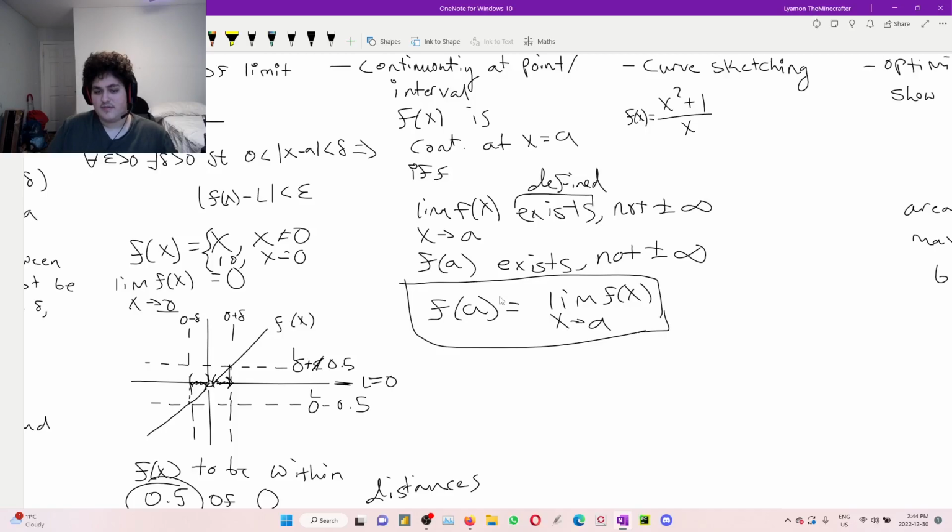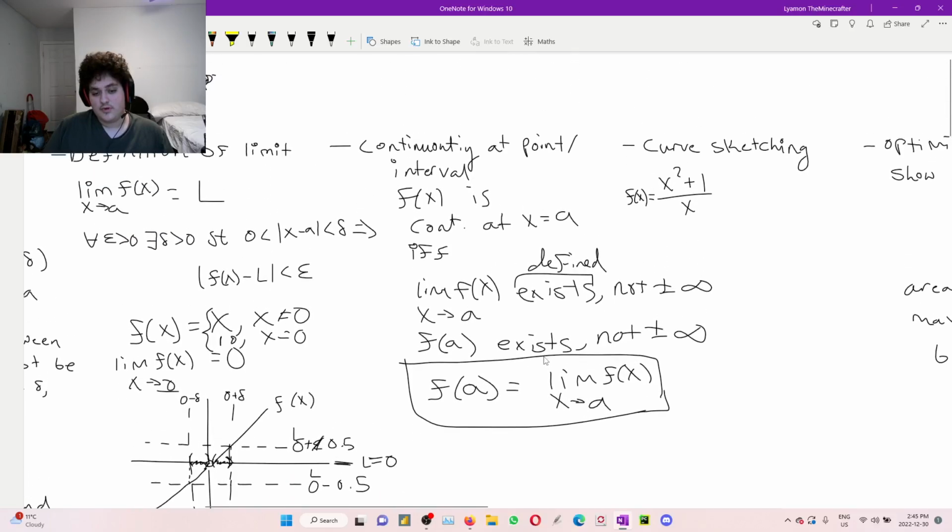And if this isn't defined, then a limit cannot exist, but it's not the same thing as defined, right? Basically, if you can solve this and get some value at a, then at that value of a, f of x is continuous. And if this is true for all values of a on f's domain, then f of x is continuous on its domain.